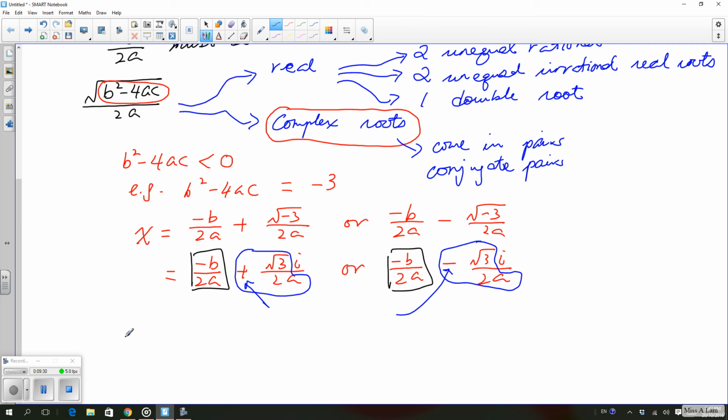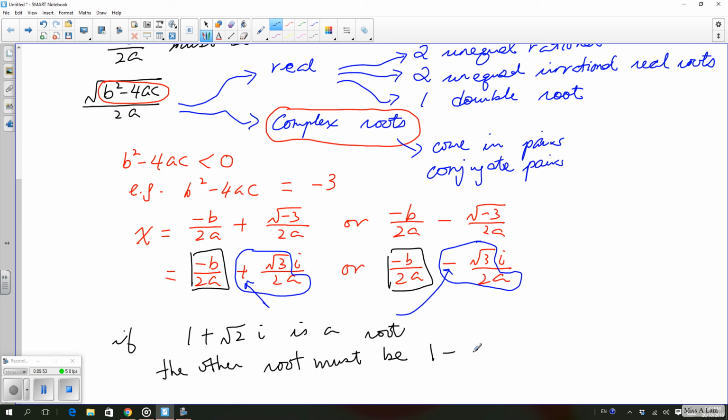I give you one more example. If 1 plus root 2 i is a root, then the other root must be 1 minus root 2 i.